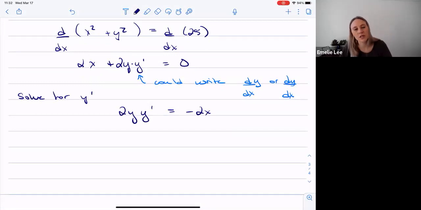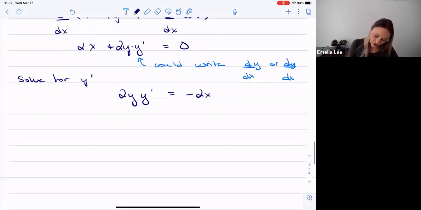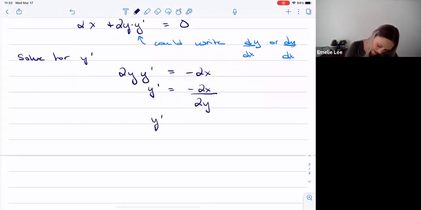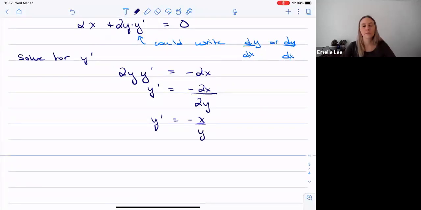Moving that 2x over to the right-hand side because I've got that 0, I can subtract 2x from both sides. And then trying to get y prime on its own, I get negative 2x over 2y, which of course is going to cancel. So now I have y prime is negative x over y. And that's the derivative. Great.